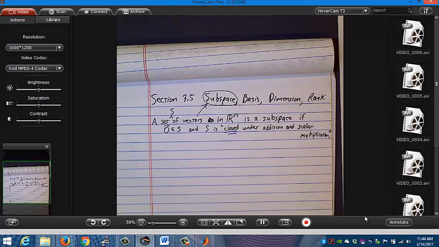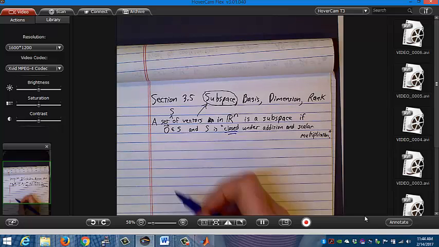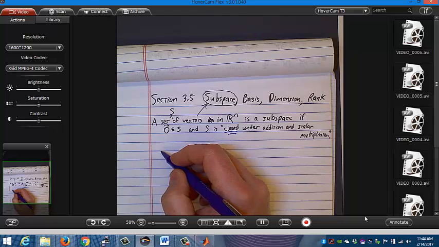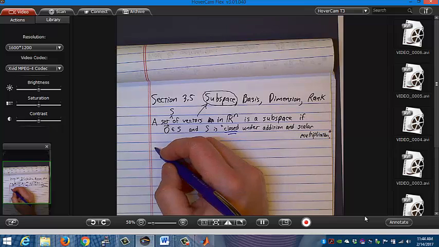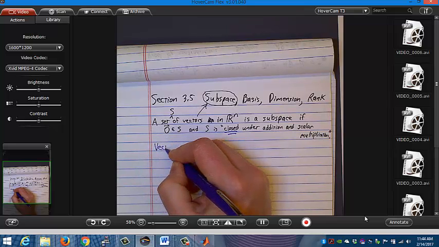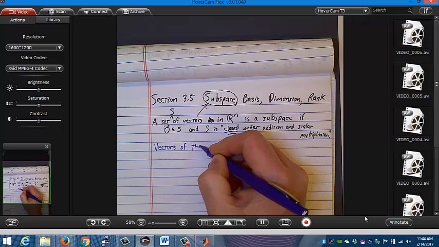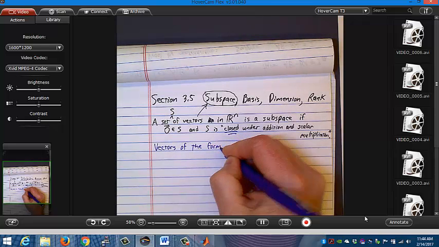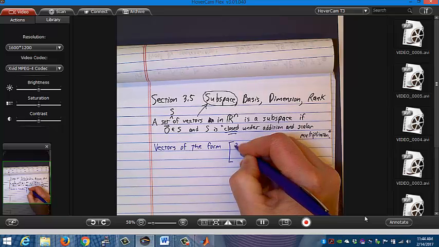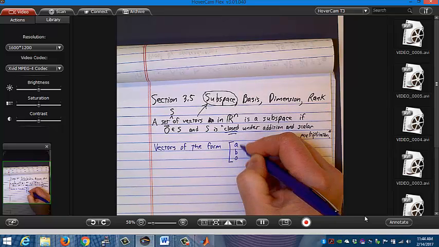Well, sometimes I think it's helpful to look at an example. So imagine vectors of the form A, B, 0.